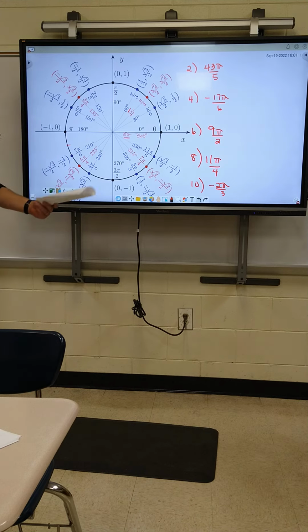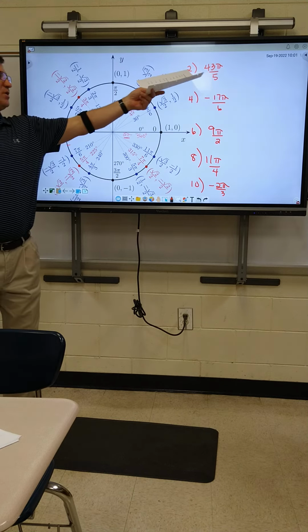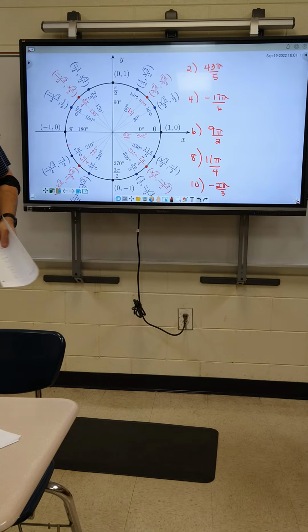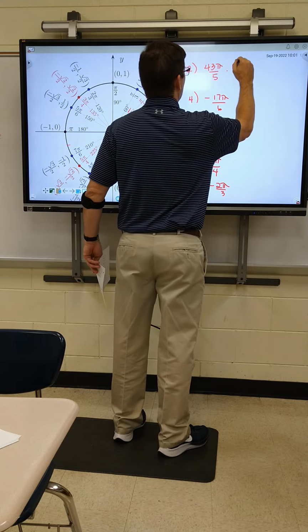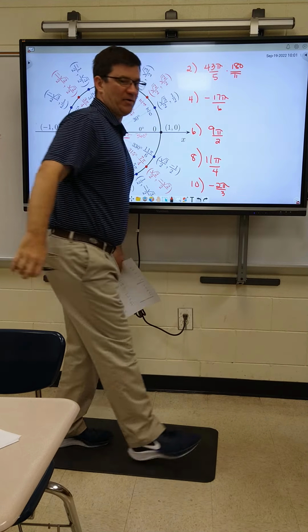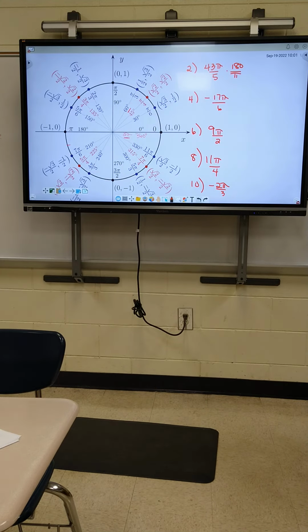Is that on the circle? I mean, we don't even know. Let's make that a degree so we can get our number. So how do I make it a degree again? I multiply it by 180 over pi in my calculator. That will make it a number that we can look for on the circle. So 43 over 5 times 180. What did y'all get?